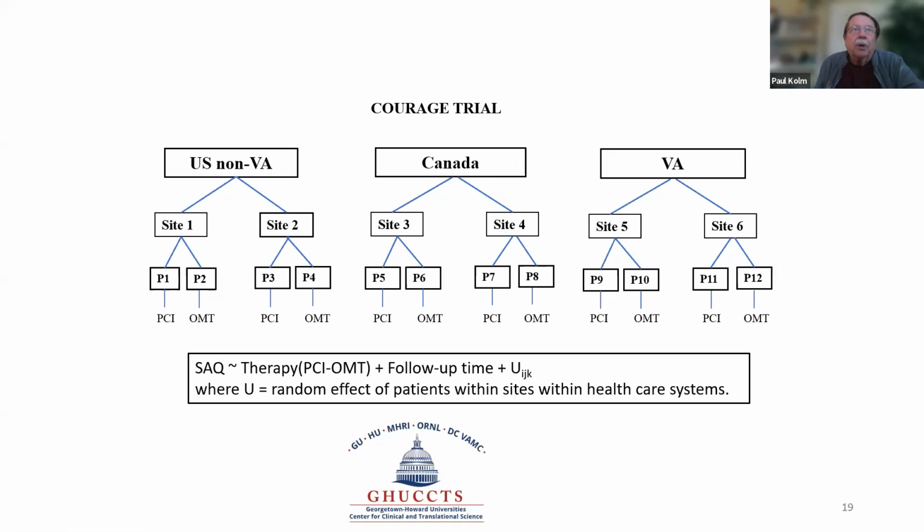So it becomes a little bit more complex, but the interpretation is really the same. We're going to see whether the change in the Seattle Angina Questionnaire over time is different between the two therapy groups.